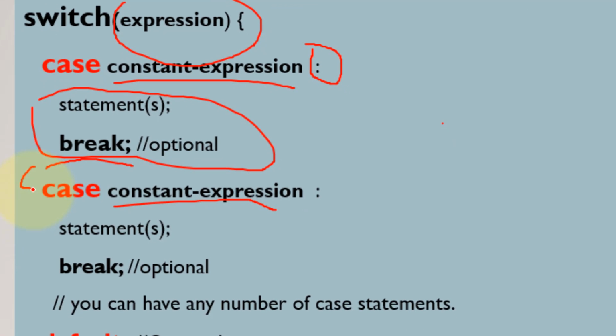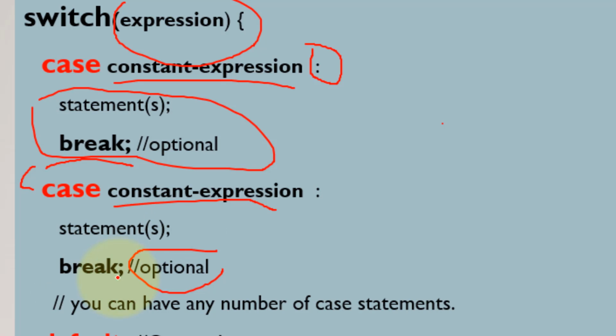Not every case needs to contain a break, so this is optional, meaning the use of the break is optional, and you can actually put a case there without the break or without any statement. If no break appears, the flow of control will fall through the subsequent cases.